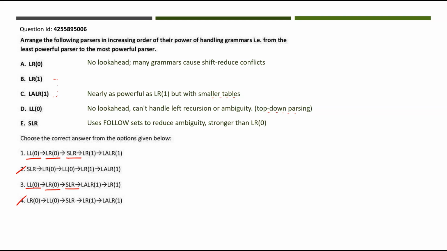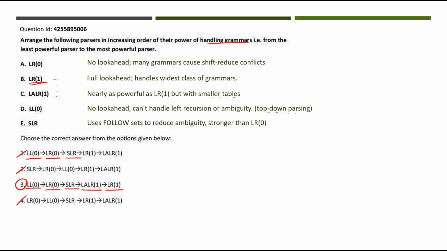So here LALR will be coming first. So we will rule out option 1 also. After LALR(1), we have LR(1) with full lookahead. This handles the widest class of grammars. So they are asking for the power of handling grammars from least to most. So this is the most powerful parser and we are ending up with LR(1).